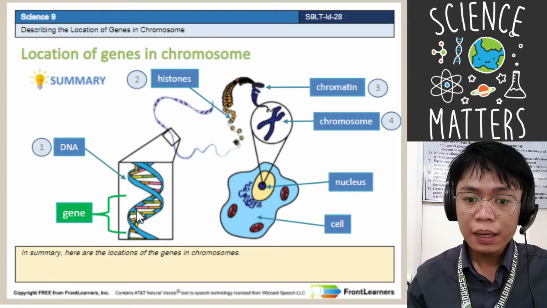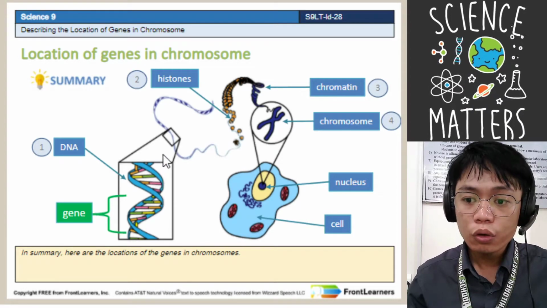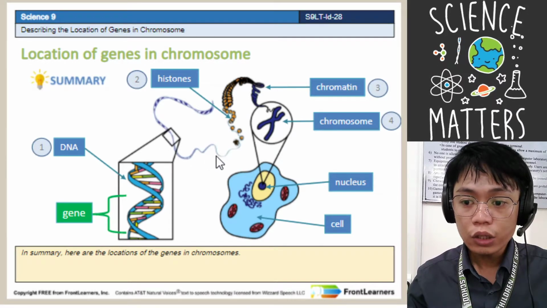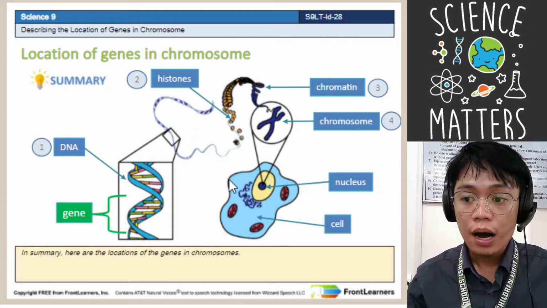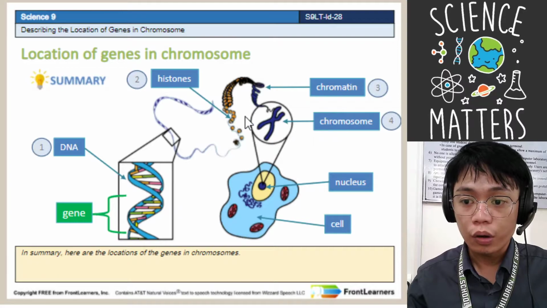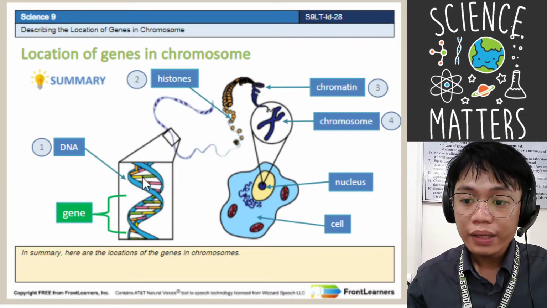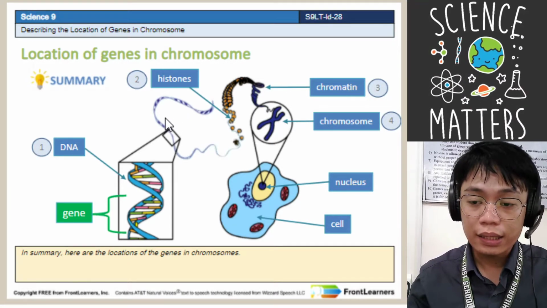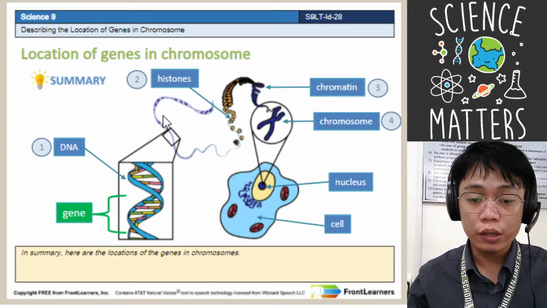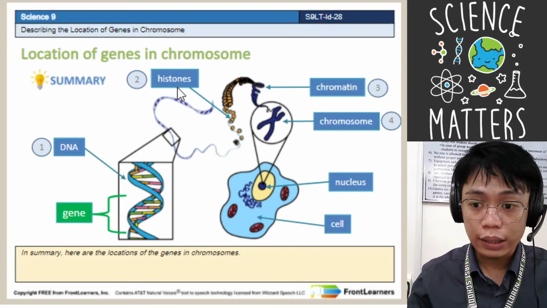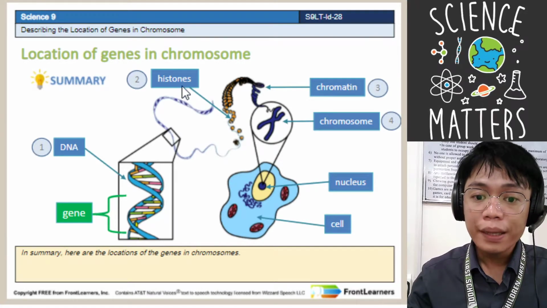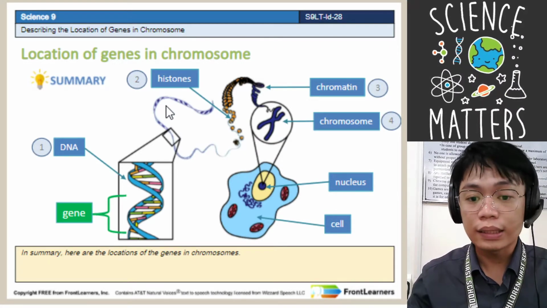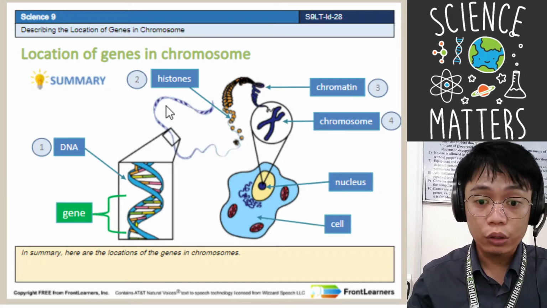Okay? Para magkaroon ng cell division, yung chromatin dito or yung DNA kailangan niyang maging chromosome. Okay? So, ang gagawin ng DNA is magbabind siya sa tinatawag nating histone. Okay? Yung histone, it is a protein. So, yung protein na ito, kapag na-bind na doon yung tinatawag nating DNA, ang tawag dyan is nucleosome.